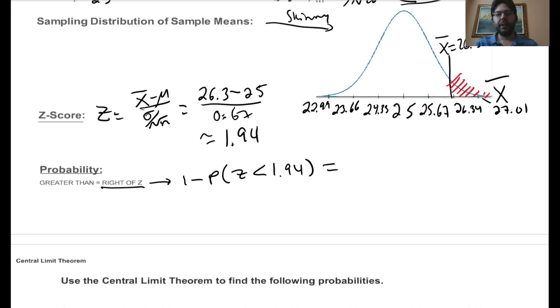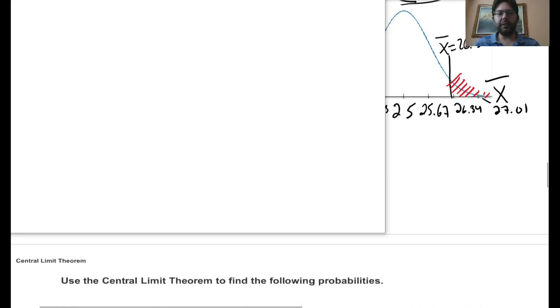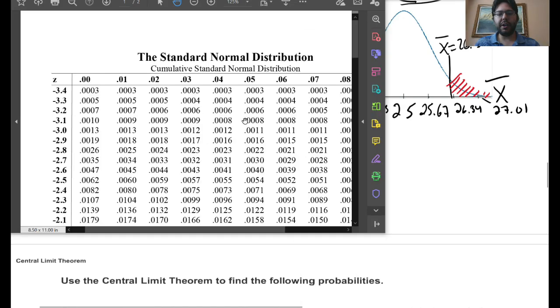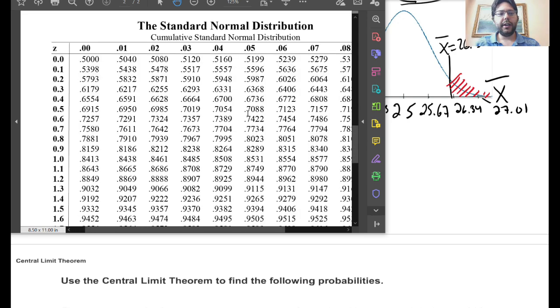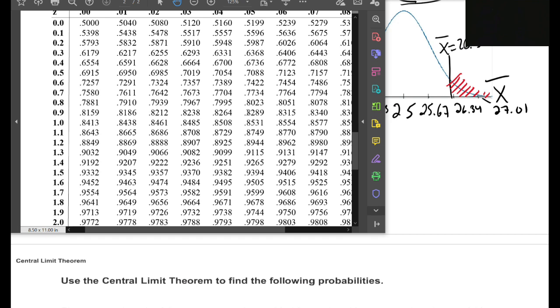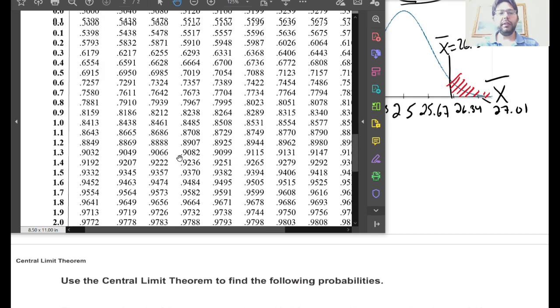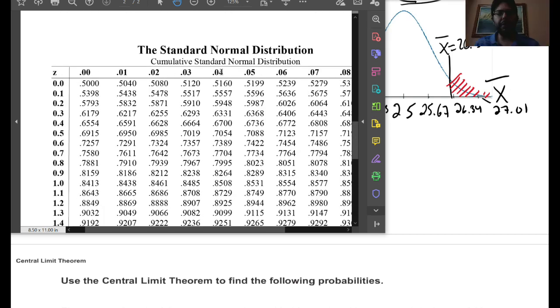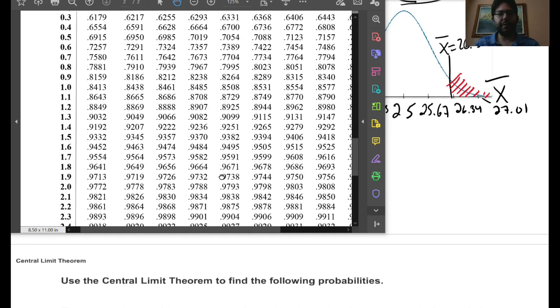Okay, so we're going to go ahead and look up the value. I'm going to reference the z chart here, so let's pull that chart. You can look up the z chart in the class materials folder, or you can just look it up on any website. Most websites have these tables. So we're going to look up 1.94, and that's right there.